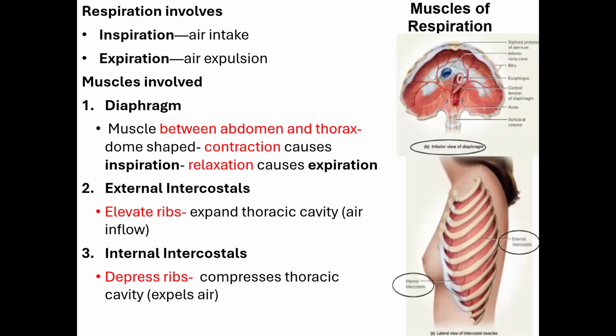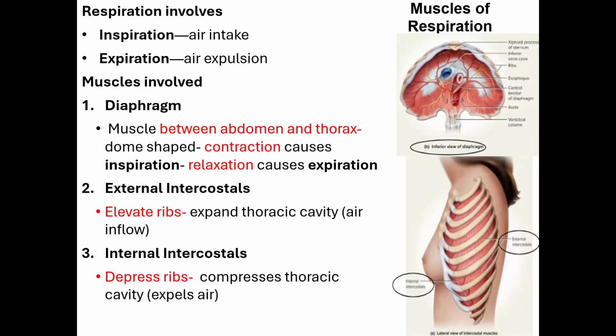So the main muscle for breathing is the diaphragm. Okay? And what kind of a muscle is that? It's a dome-shaped muscle. The diaphragm is a muscle which is a border between the thoracic cavity and the abdominal cavity. So you have this dome-shaped muscle, and when it contracts, it goes down. Then what happens?